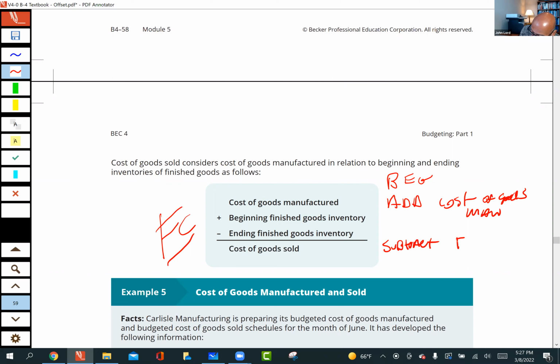Subtract the ending inventory, and that gives you... excuse me, subtract, not the ending. I'm looking at your flashcard. Subtract the cost of goods sold, and that gives you the ending.